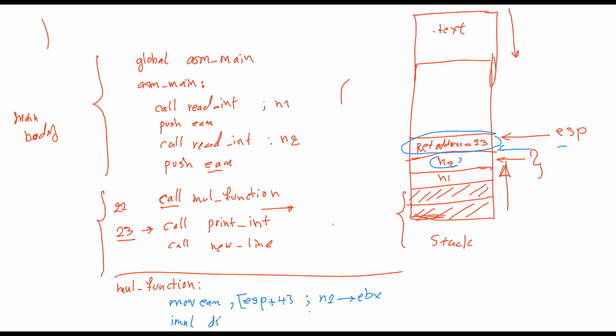We know that it's going to be a double word from a stack. Therefore, we use ESP plus 8. So what does this mean? This means that IMUL is going to multiply EAX with what? With the double word from where? Double word from ESP plus 8, this location.